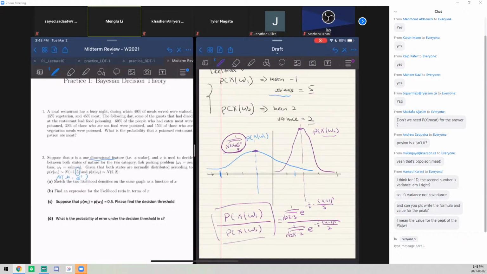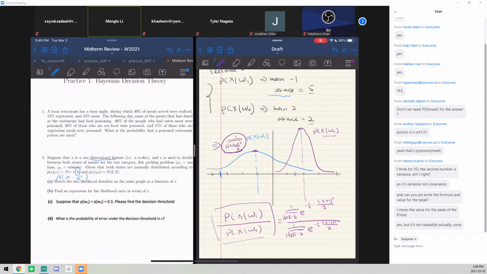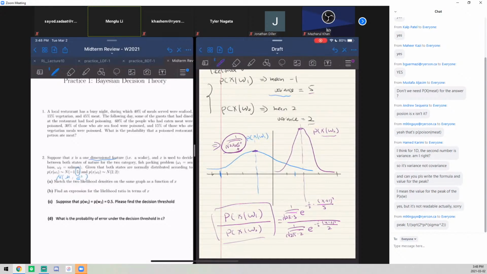You can just plug in 5 and 2 in this formula to see the value.